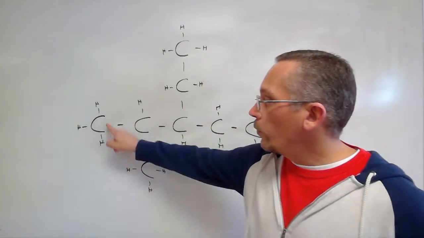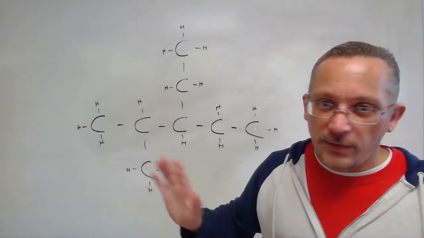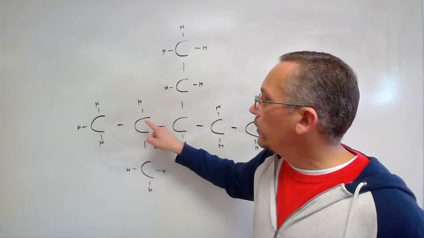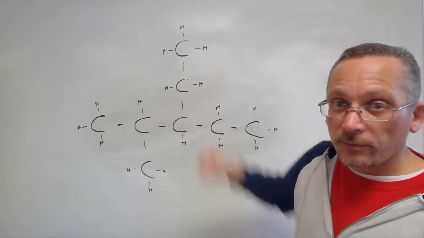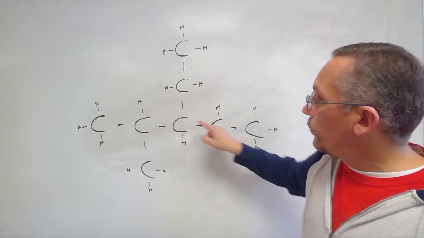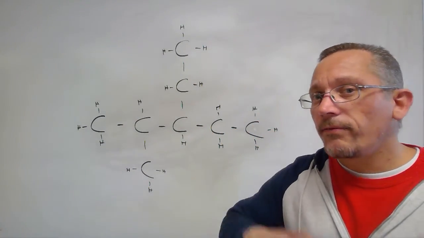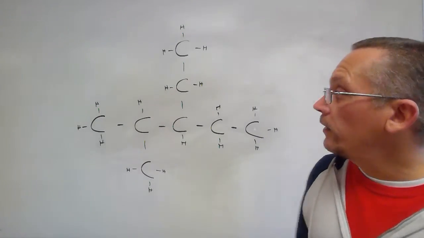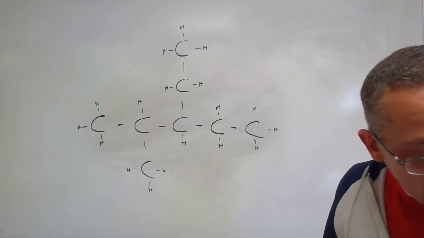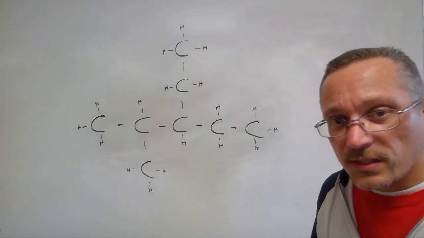You go 1, 2, 3. Well, that's way too short, right? Could go 1, 2, 3, 4, 5. So there are a couple of different ways there I can get 5 as my main chain, and we want to go with one of those ways. Any one of those ways is going to give us the same name.